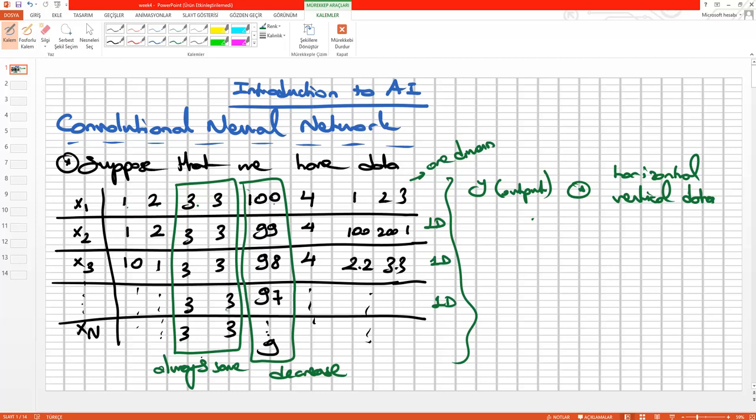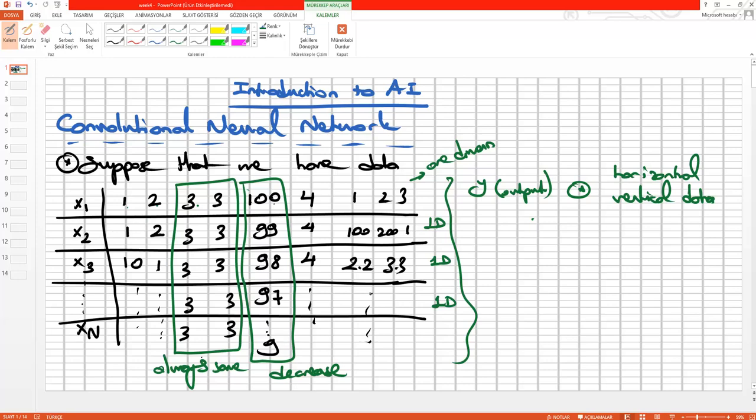This is always random, random, random, in the what? In the horizontal way. But if we look at the vertical way, or the vertical distribution of this data, we can catch the pattern. Okay? So, these are the features for any AI application.